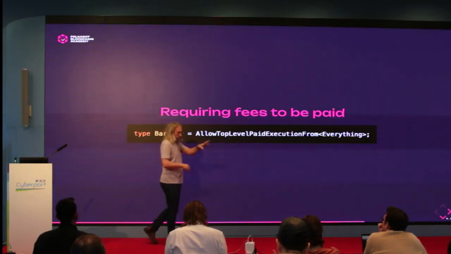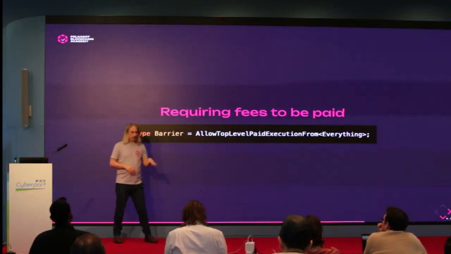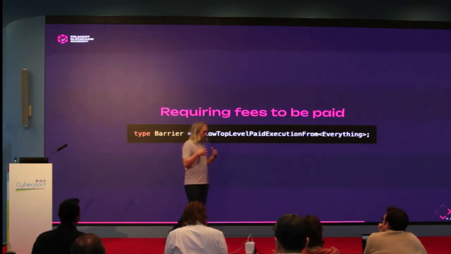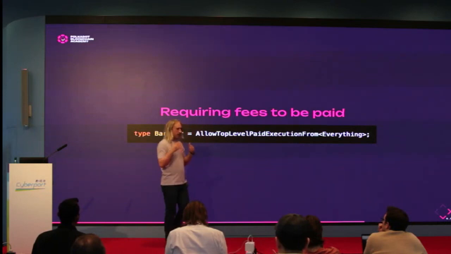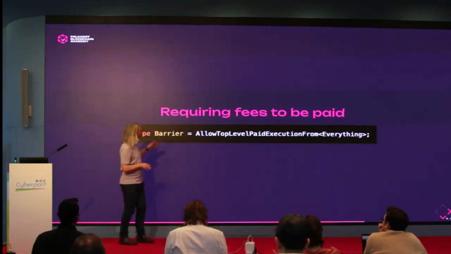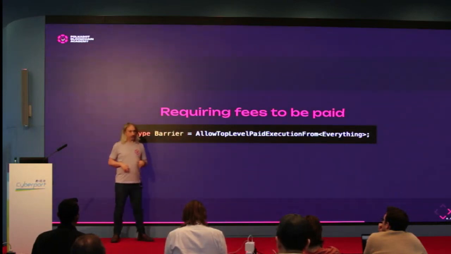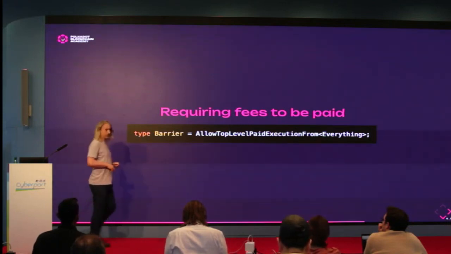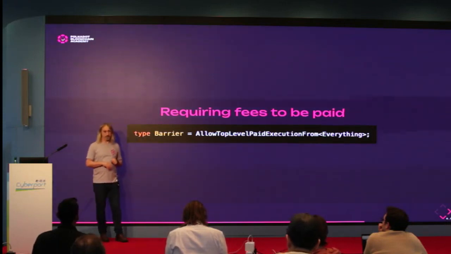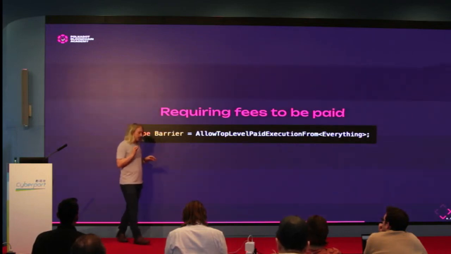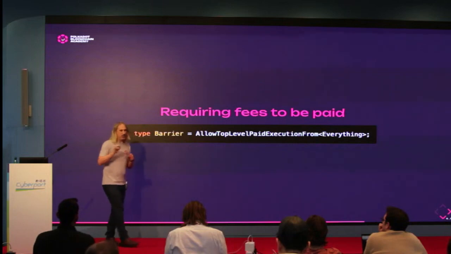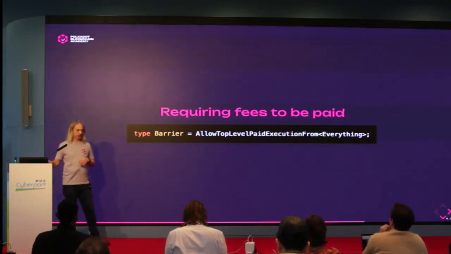Then it looks for this asset withdrawal thing, something that's going to fill the holding register merely on the basis of the origin. And then finally, it looks for buy execution. And if buy execution doesn't appear in that spot, this fails. So basically, it's looking to make sure that some assets get burnt before anything useful happens.